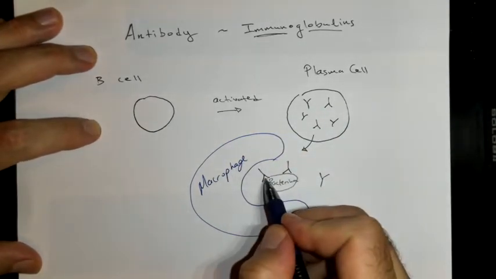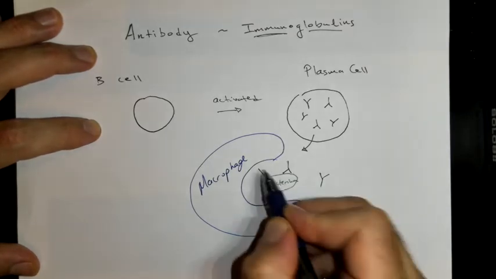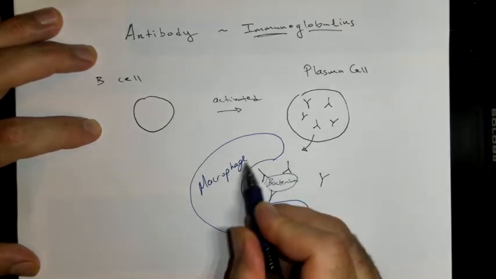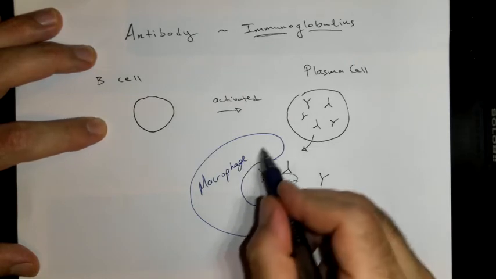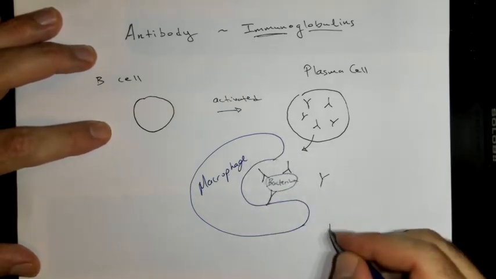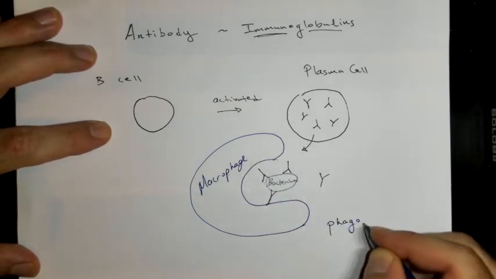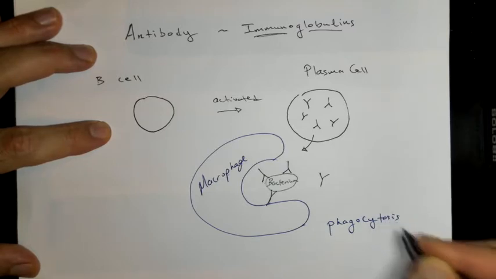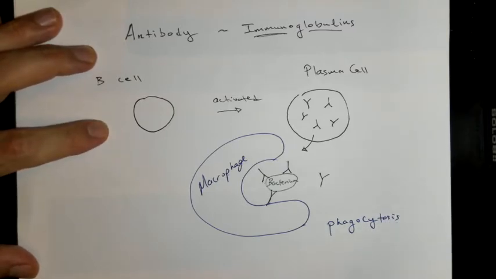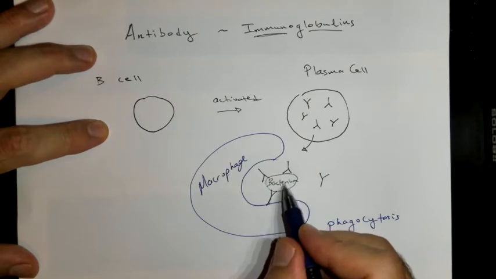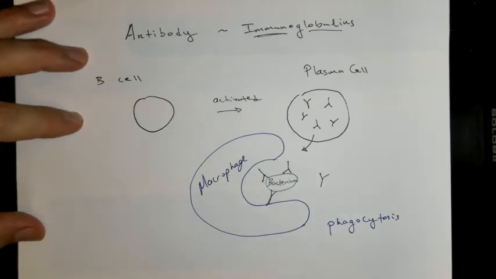So the antibodies attached to the bacterium help this macrophage do its job, which is going to be phagocytosis, otherwise known as eating of particulate matter, in this case the bacterium.